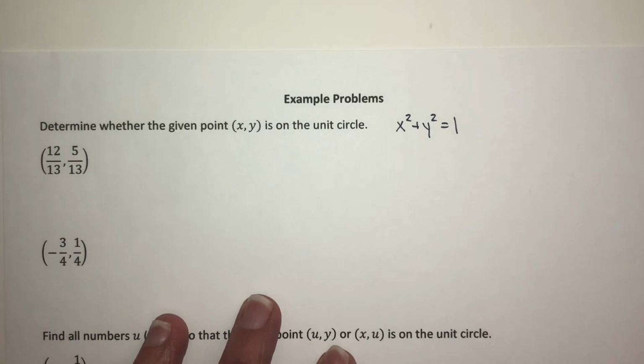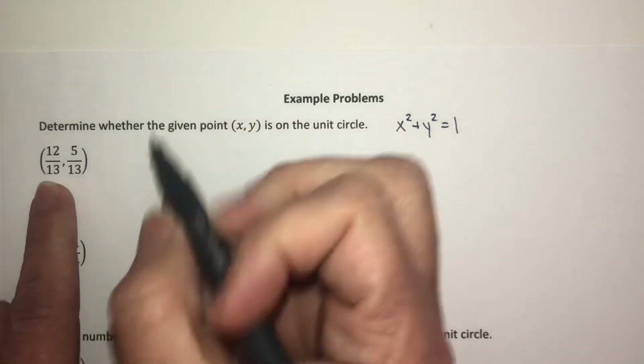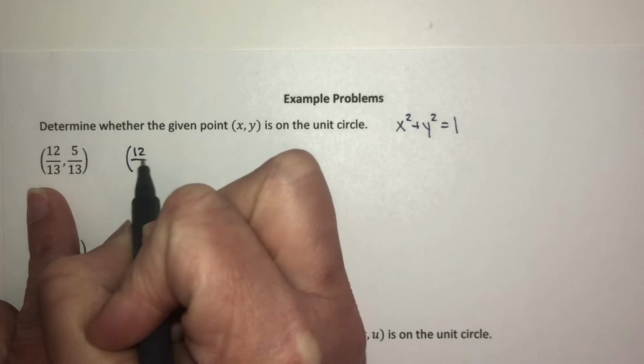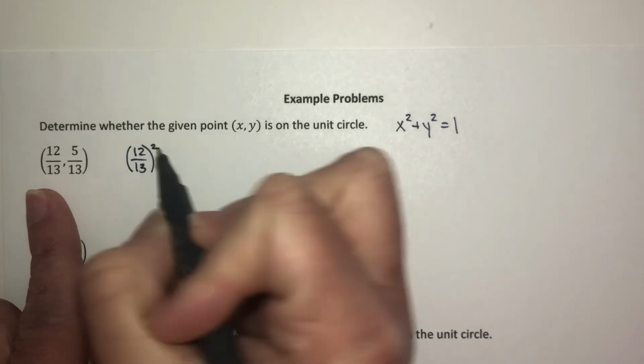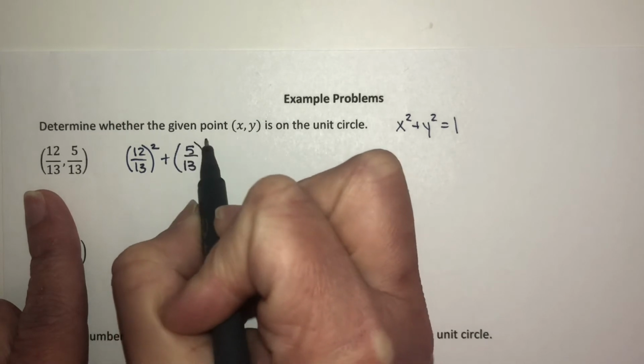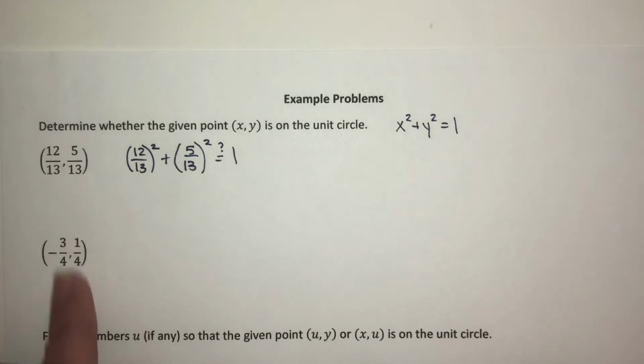If it gives us any other number than 1, it is not a point on the unit circle. So let's just plug this in. For 12/13 and 5/13, this would be 12 over 13 squared plus 5 over 13 squared, and we're hoping that it equals 1.